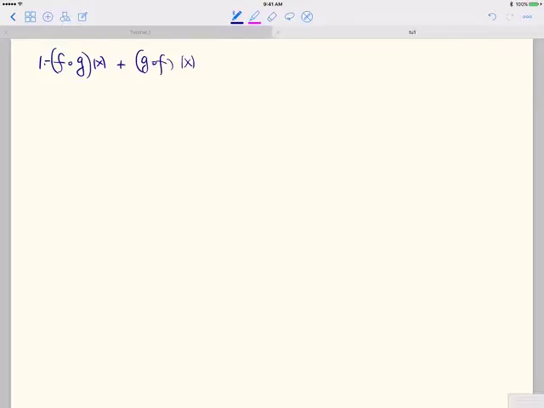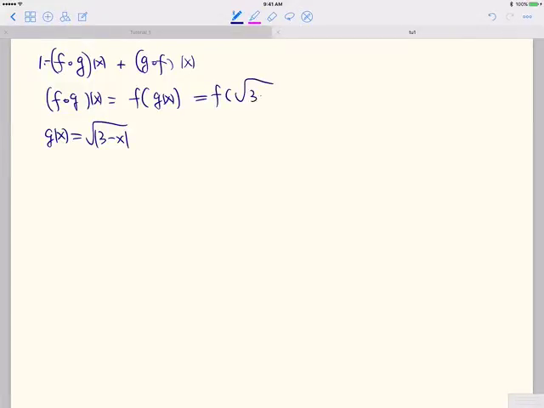For the composition of two functions, from the name of it, f of g of x is just equal to f of g(x), right? Now that we already know the expression for g, which is the square root of the absolute value of 3 minus x, we just plug it in. So this is f of the square root of the absolute value of 3 minus x.